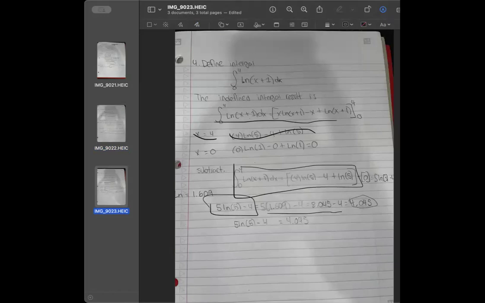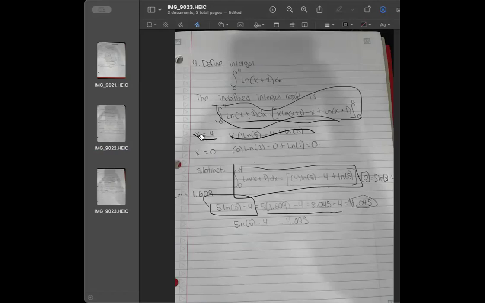Okay, and then to find the definite integral, this is going to be the integral from 0 to 4 of ln(x plus 1). You use what you got from the indefinite integral.